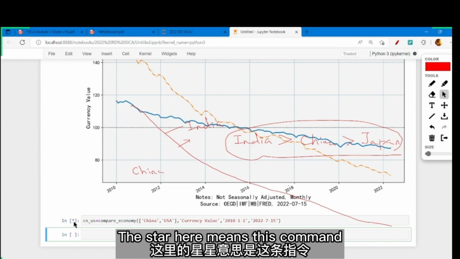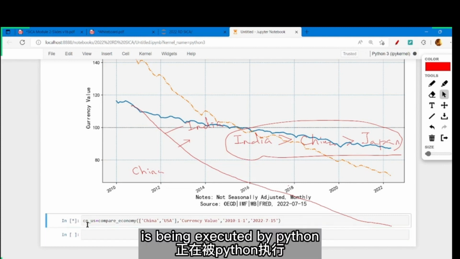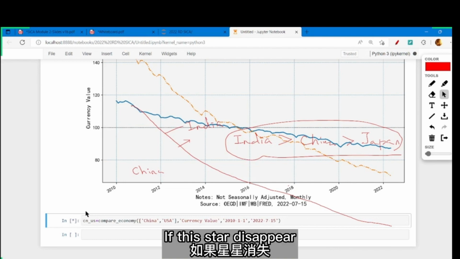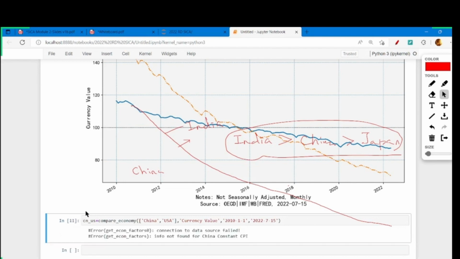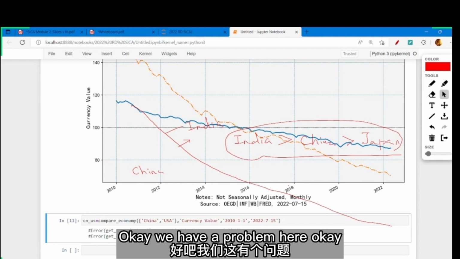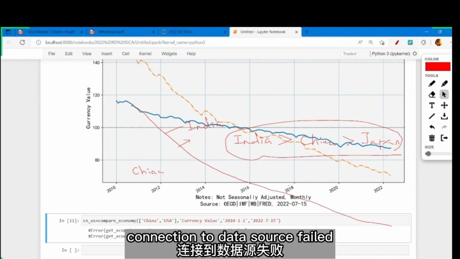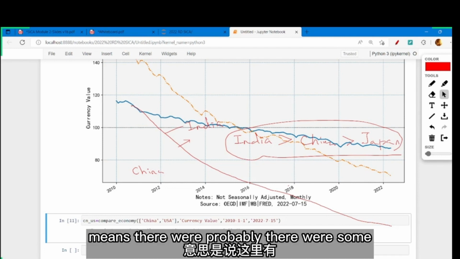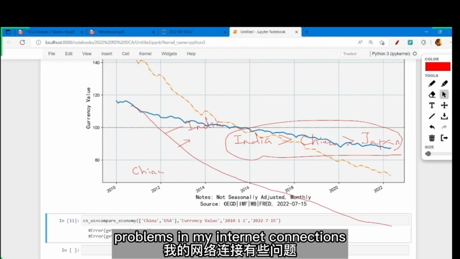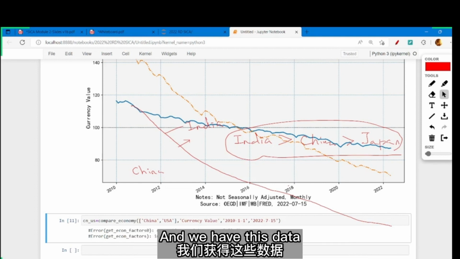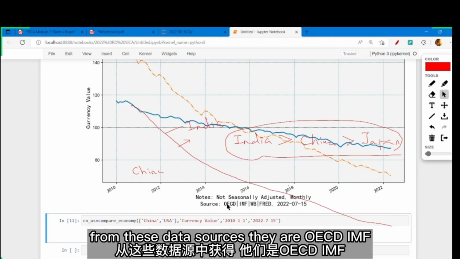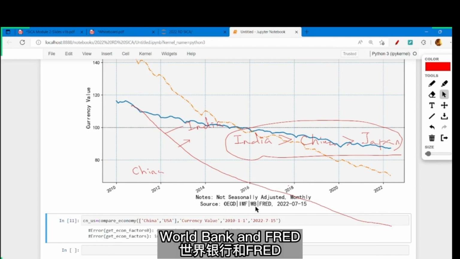The star here means this command is being executed by Python. If this star disappears, we have a problem here. Okay, connection to data source failed. It means there were some problems with my internet connection. We have this data from these data sources: OECD, IMF, World Bank, and FRED.